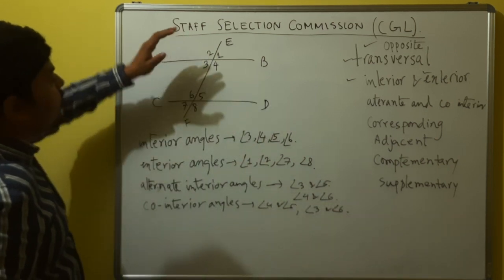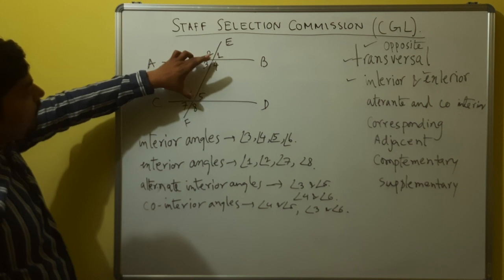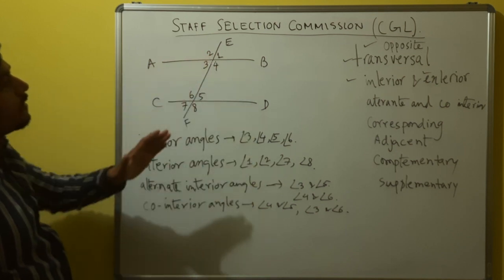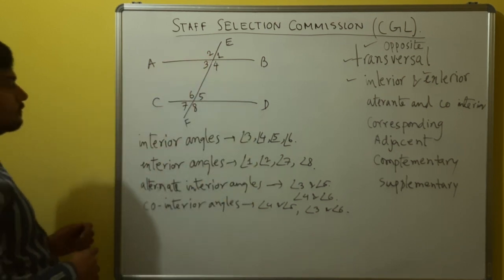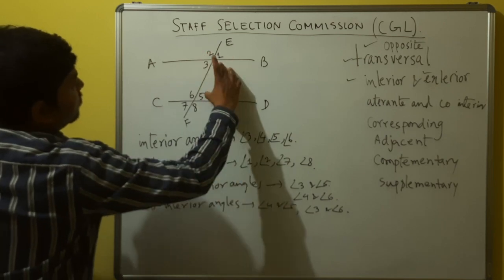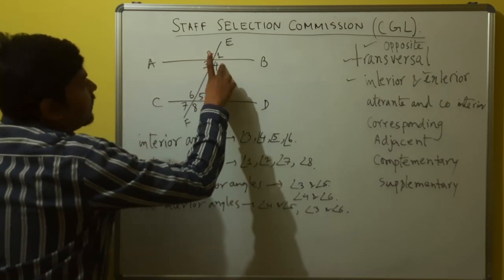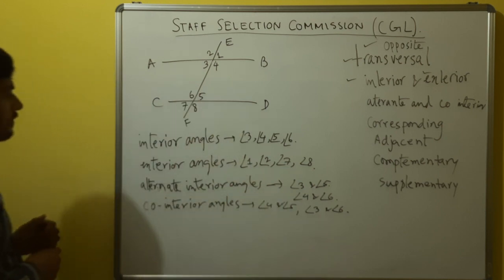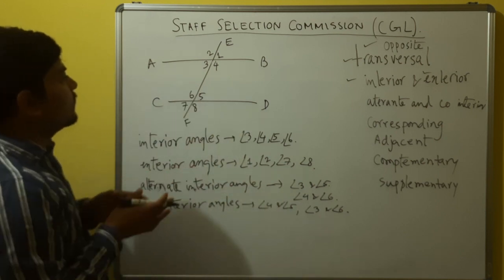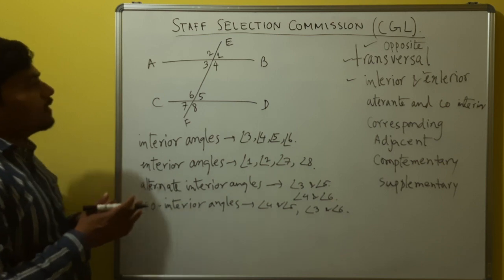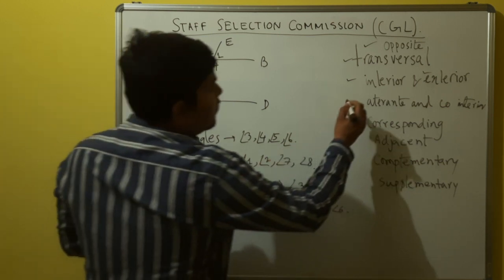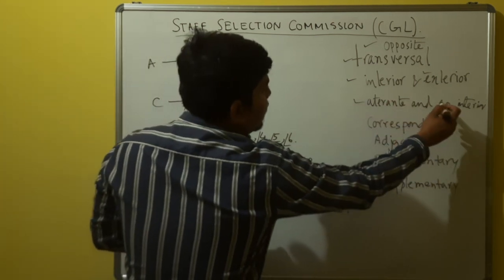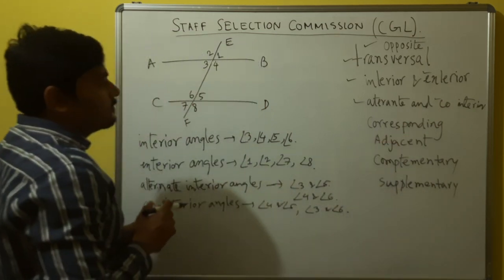They are co-interior angles. They are all four interior, but they are on the same side of the transversal. So 4 and 5 are co-interior angles, and 3 and 6 are co-interior angles. Okay, clear? So alternate interior angle done, co-interior angle done.